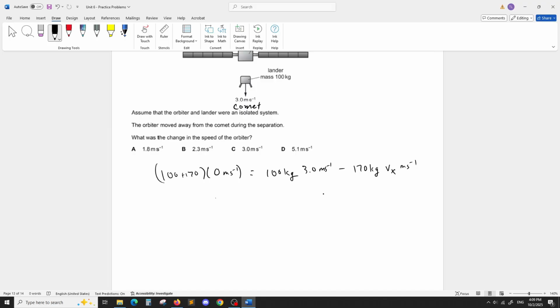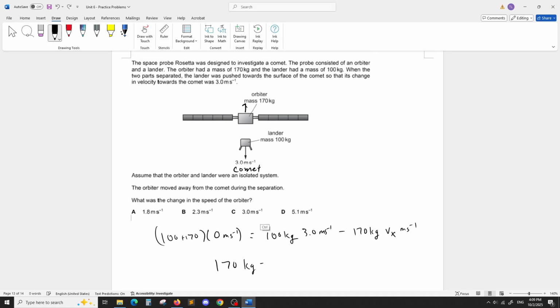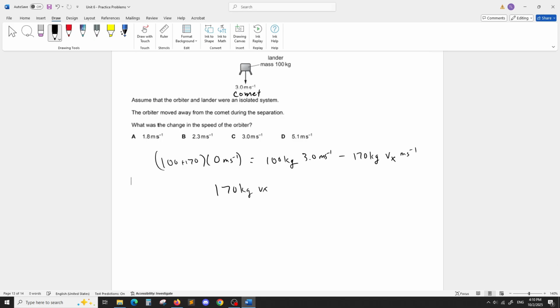So then this simplifies into 170 kg vx is equal to 300, so then it becomes around 1.8.